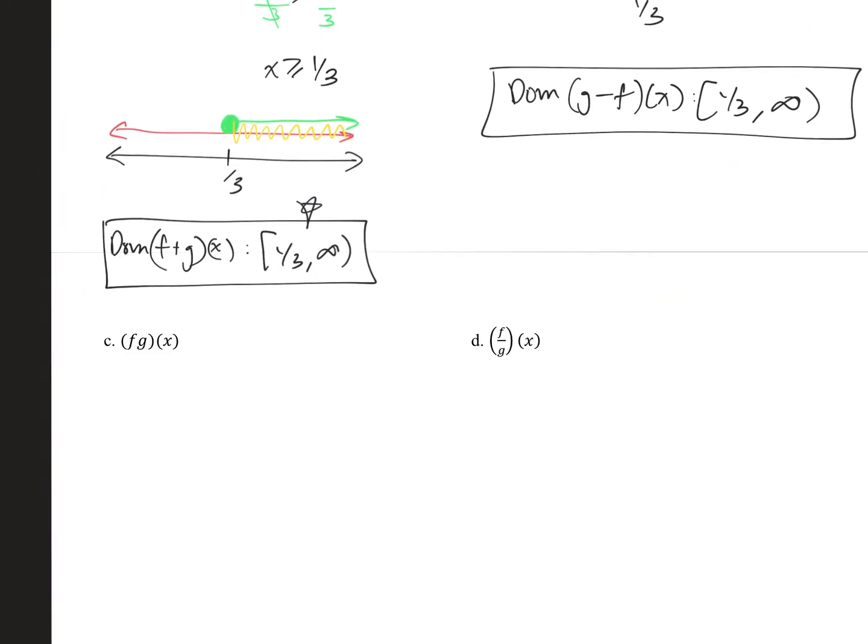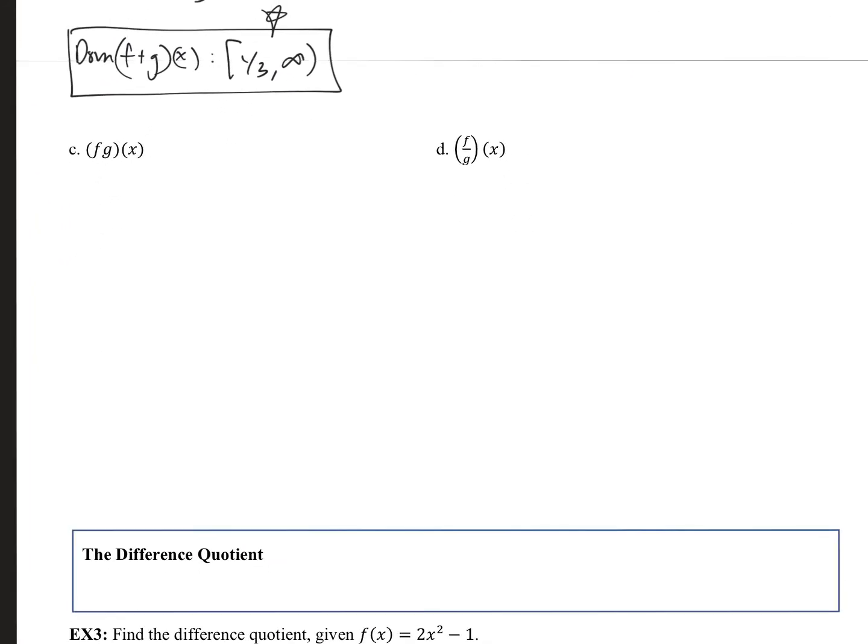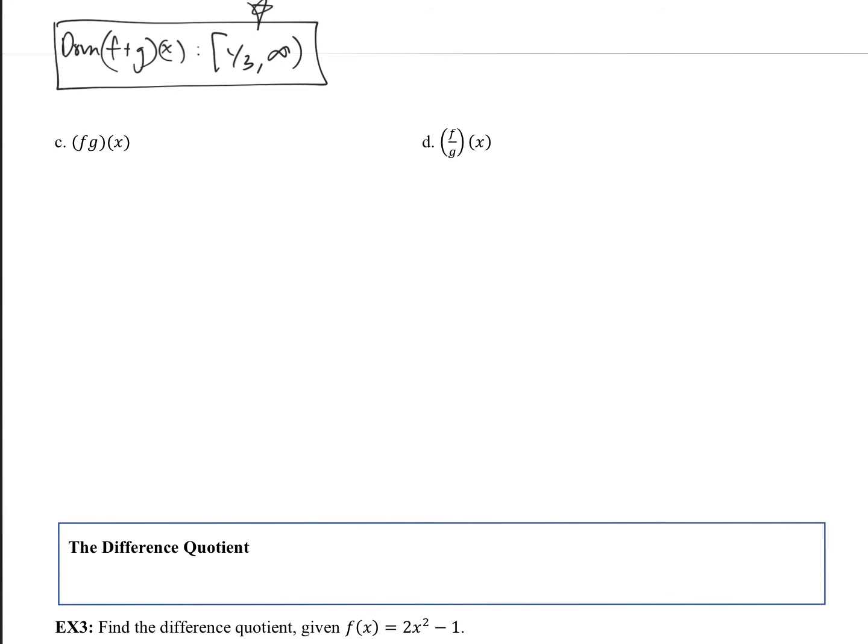So let's go ahead and see what we have next. We have multiplication up next. So we want f times g of x. So f times g of x, that's going to end up equaling f of x times g of x, which is going to be, let's see, what is f?